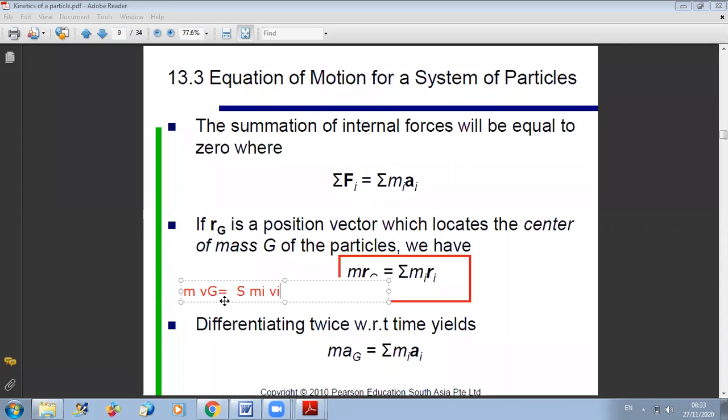And now if you derive again with respect to time, you end up with the relation we talked about, that the total mass times the acceleration of the center of gravity is equal to the sum of miai. So if you have several components in your system, you can say that the sum of forces is equal to the sum of the mass of each particle times its acceleration. Any question on this?